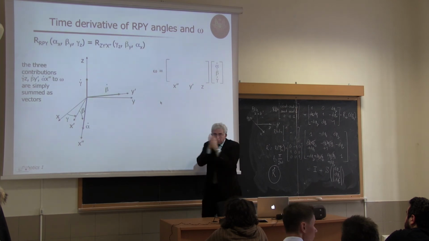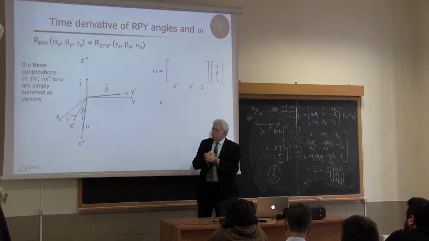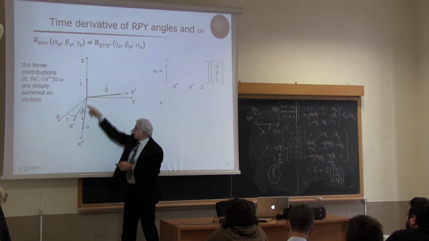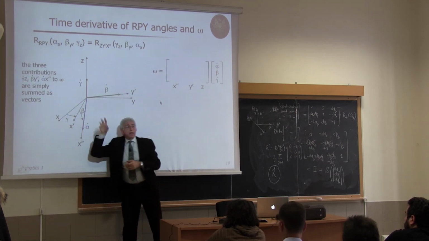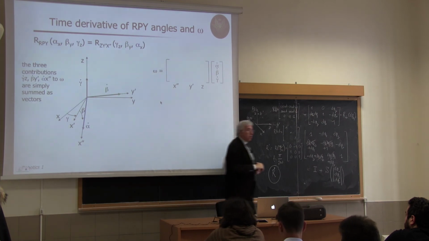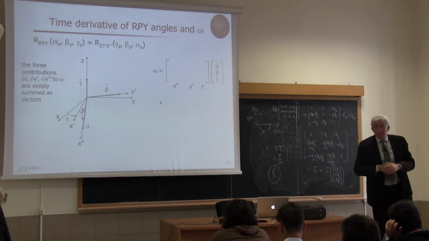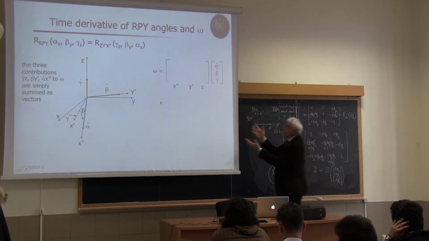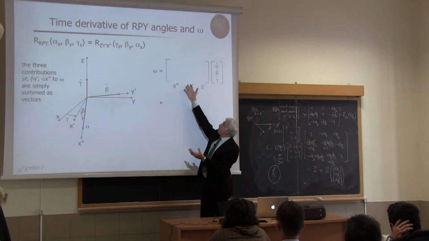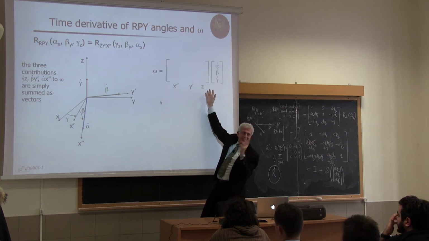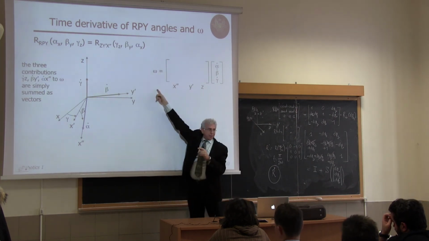Now I just need to find the direction. How is this vector directed? How is this vector directed? How is this vector directed, in a generic orientation specified by alpha, beta, gamma? This is why I'm organizing this table in the form of a product of a matrix times a vector. This is not really a vector, but this is a vector, okay?